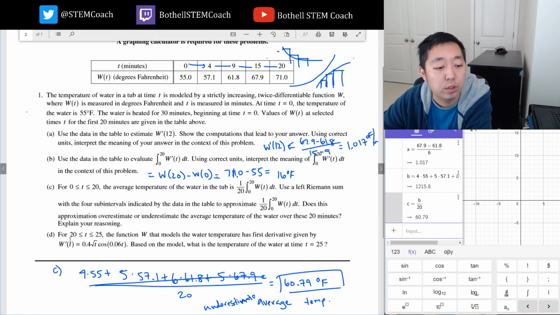For 20 to 25, the function that models the water temperature has first derivative given by this. Based on the model, what is the temperature of the water at time t equals 25?